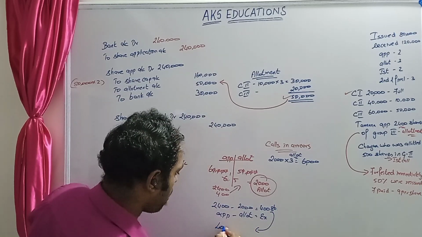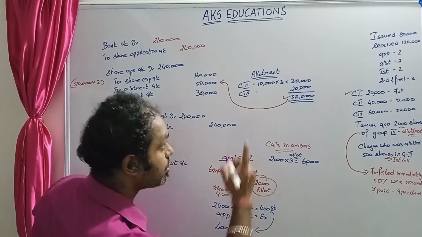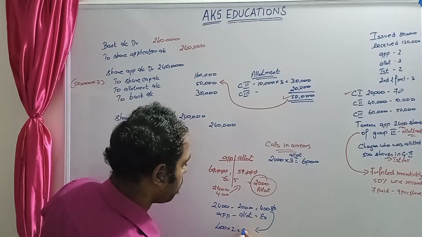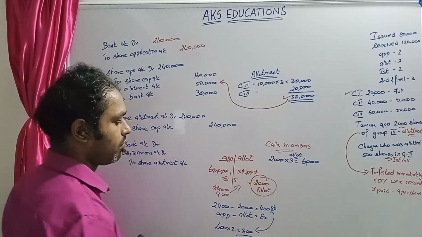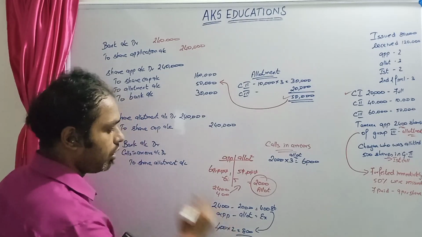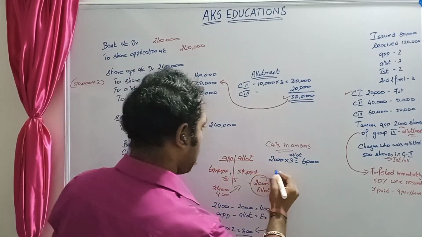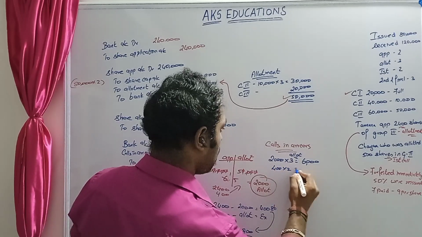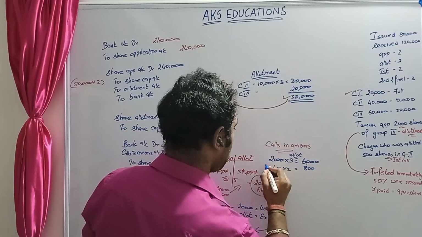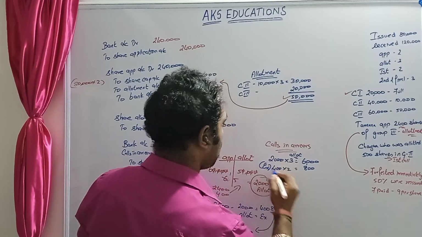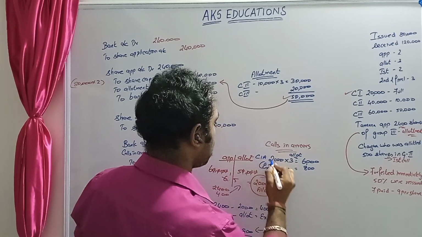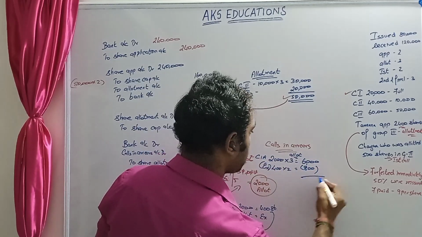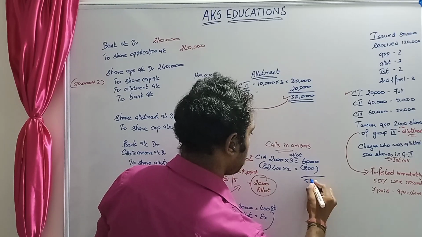That is 400 into application amount. Application amount is 2. It is 800. So 400 into 2, 800, which is the excess amount. So calls in arrears, I'm deducting the excess amount. You'll get 5,200.